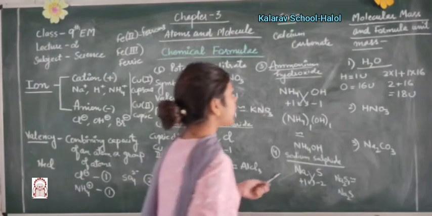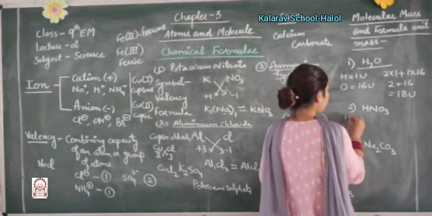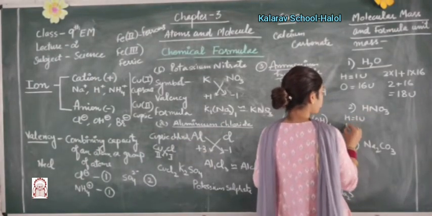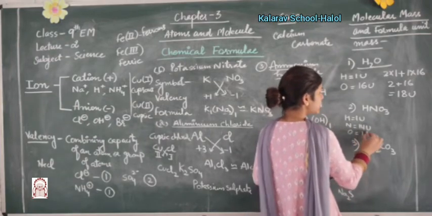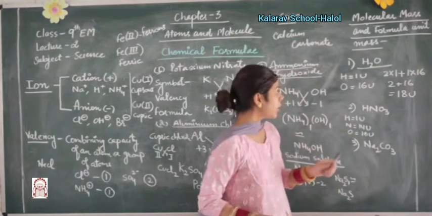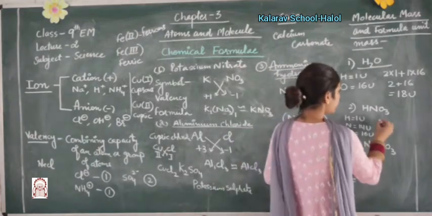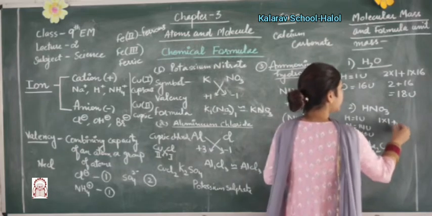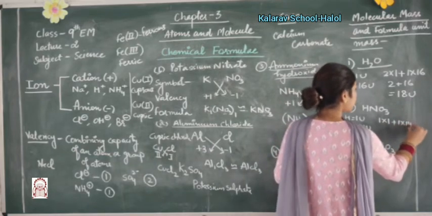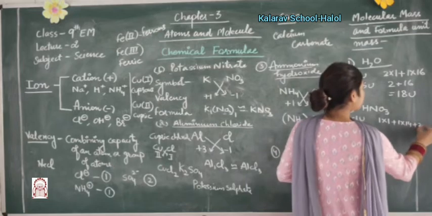So the next is HNO3. Atomic mass of H is 1 U, N is 14 U, and O is 16 U. So how do we calculate? We calculate 1 into 1 plus 1 into 14 plus 3 into 16.